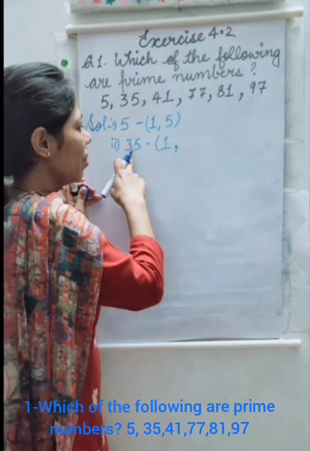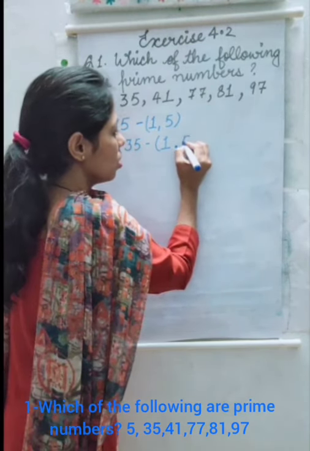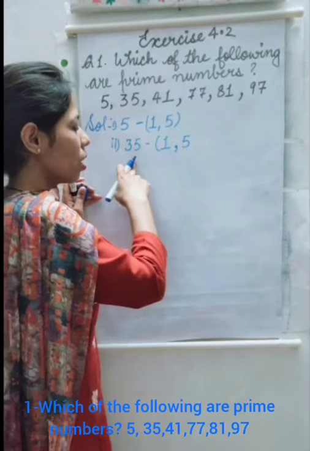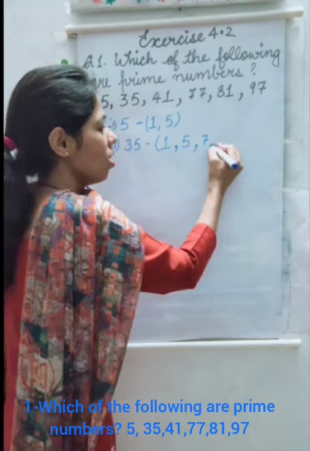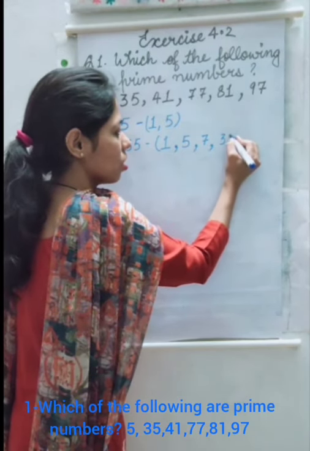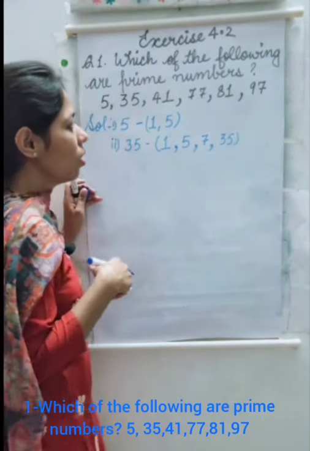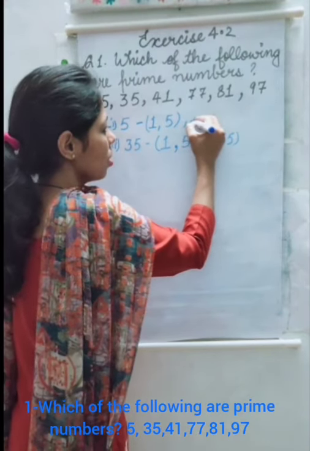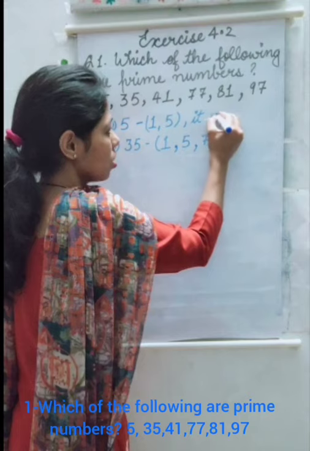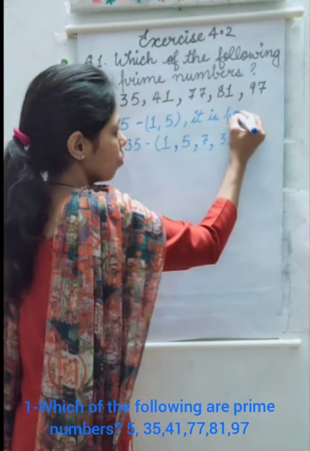So 1, then 35 is divided by 5, it is completely divisible by 5. Then 5 sevens are 35, and 35 is divisible by itself. So it is not a prime number.